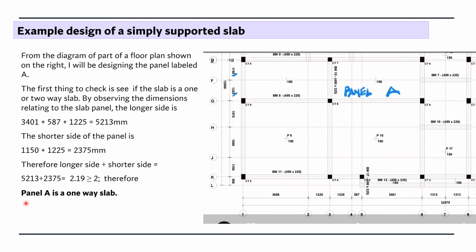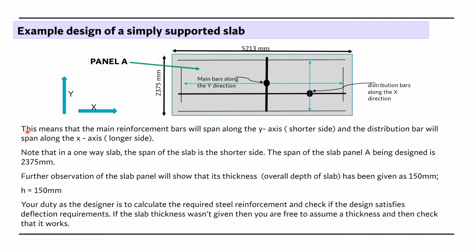Therefore, panel A is a one-way slab. This means that the main reinforcement bars will span along the y-axis, that's the shorter side, and the distribution bar will span along the x-axis, the longer side. So your main bar will span along the shorter side, and the distribution bar will span along the longer side.